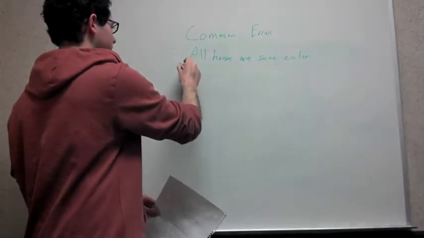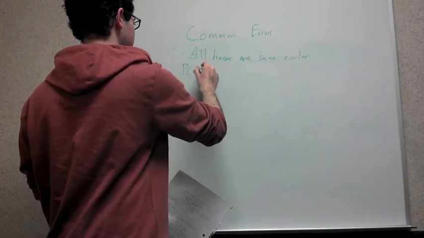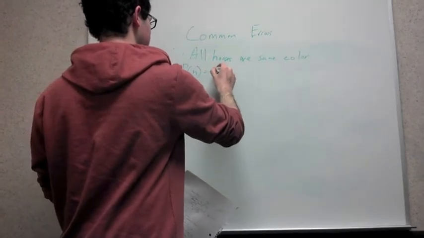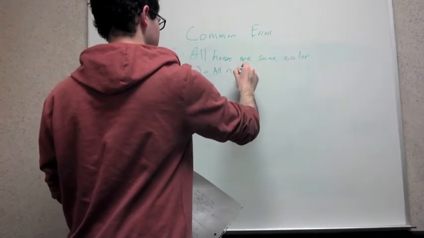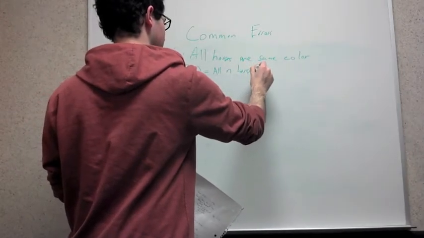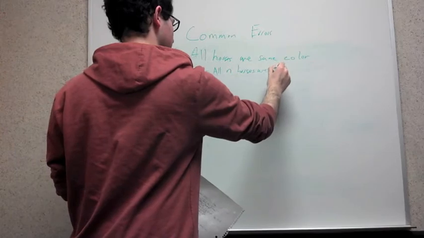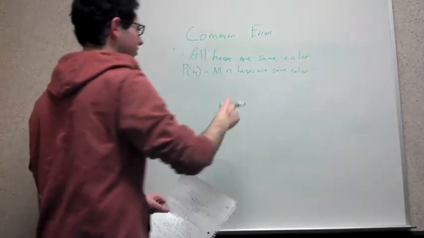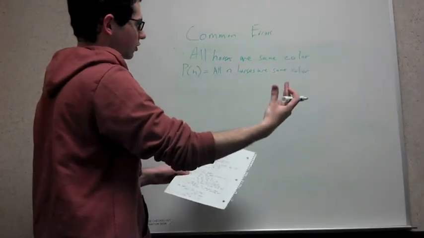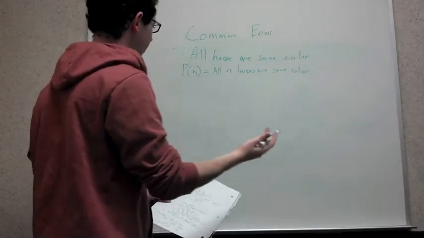So we'll start with the expression p of n, which says that for any set of n horses, they're the same color. So let's try to prove this for all n.